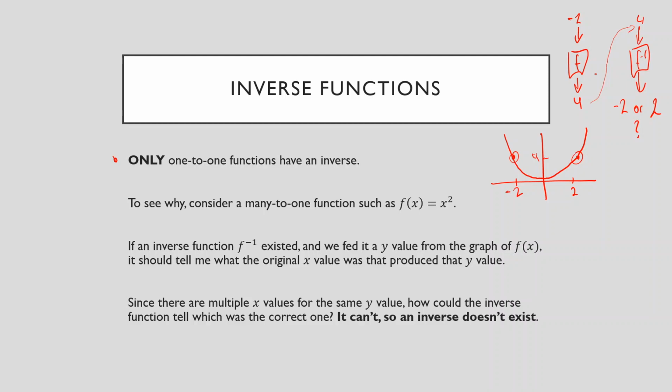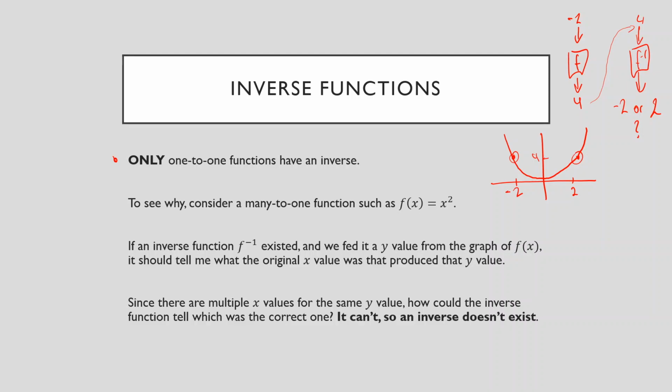Your inverse function is not going to know which value to choose. So you just say that the inverse doesn't exist, and you move on, or you somehow modify your original function in such a way that an inverse function will exist. So very important: only one-to-one functions have an inverse.